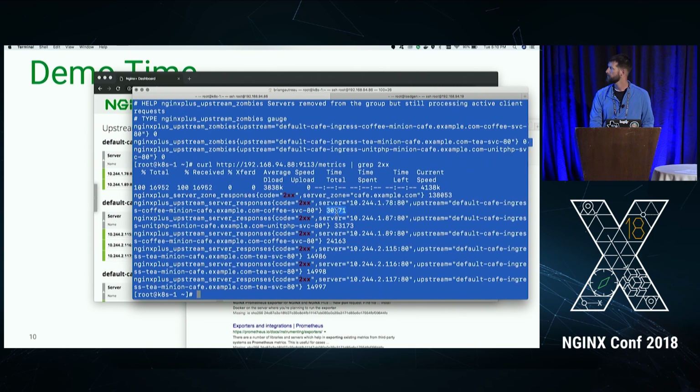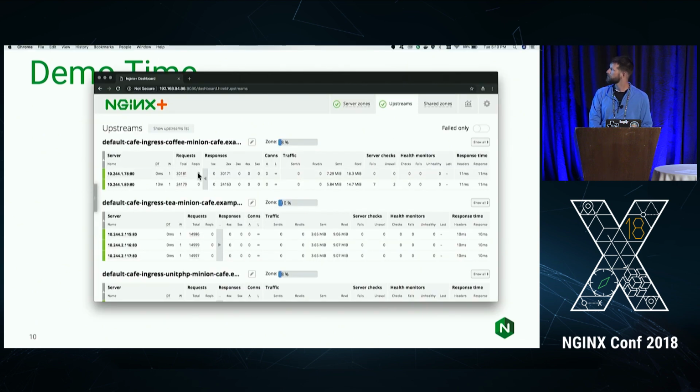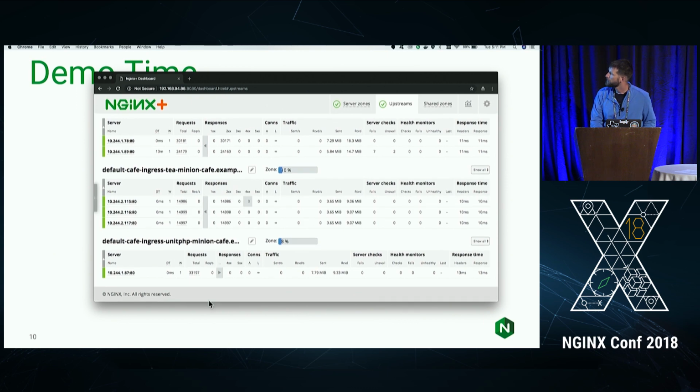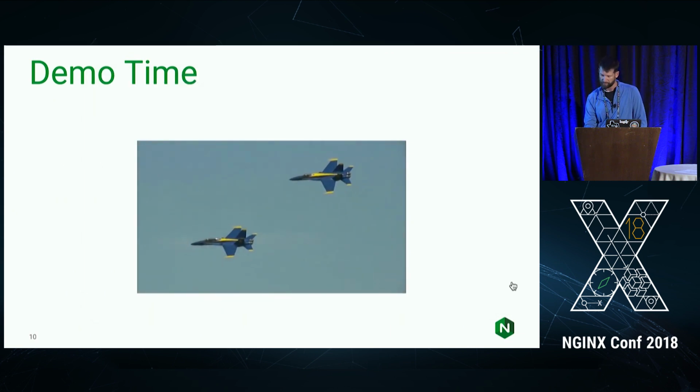So here we go again, 30,171, 33,173. They should all match. There's that one. 33,173. So those are all the numbers that came out of there.